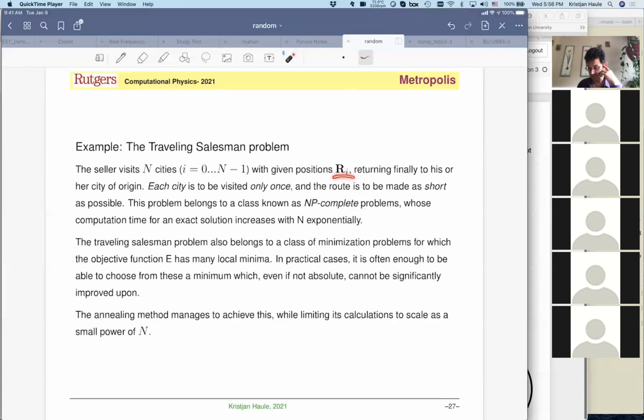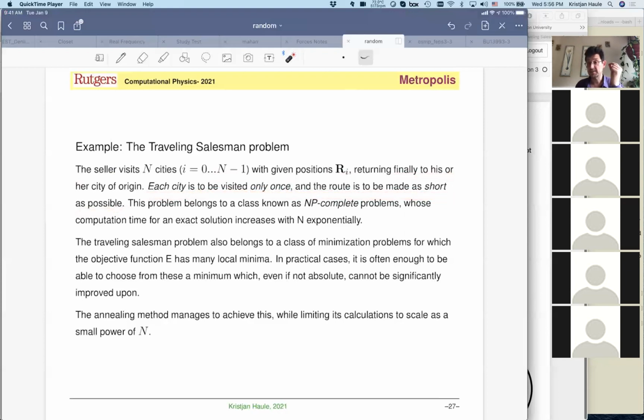It's basically that the positions of the cities are given, they're fixed, and then the salesman needs to visit all of them and finally return to the city of origin. But each city needs to be visited only once, and the route needs to be made as short as possible.